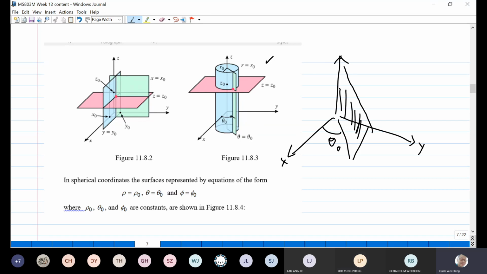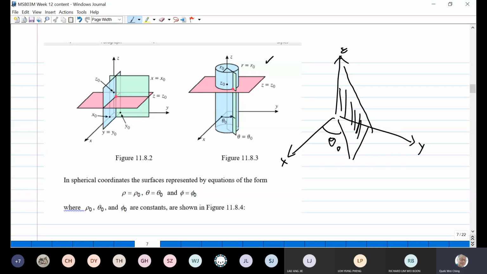If you go to another half, this is another angle now, another half plane. If you go to the other half, the angle is actually 180 plus theta 0. That's why you call it a half plane. It doesn't go through the other side of the z-axis.